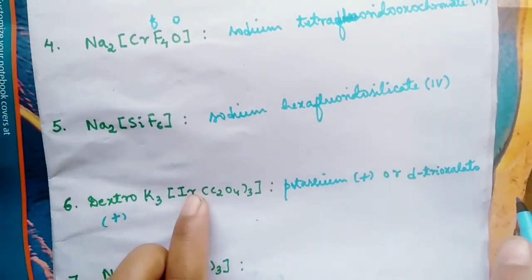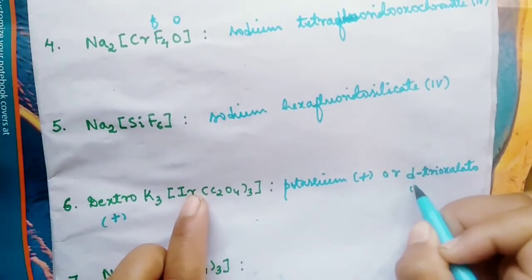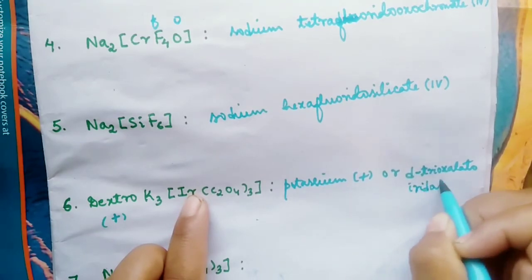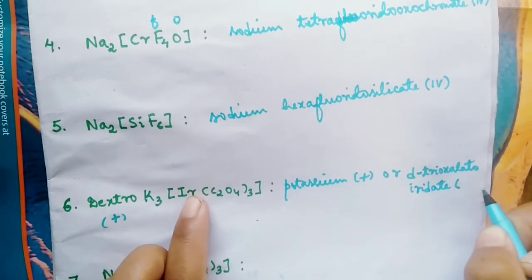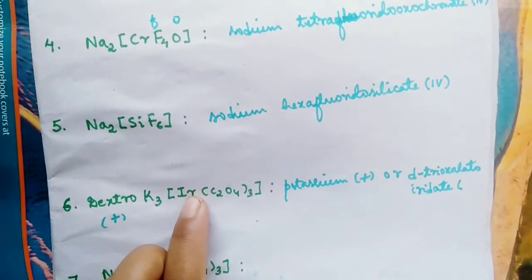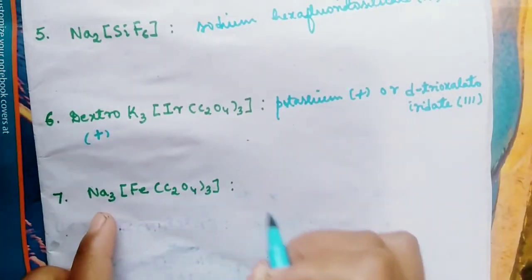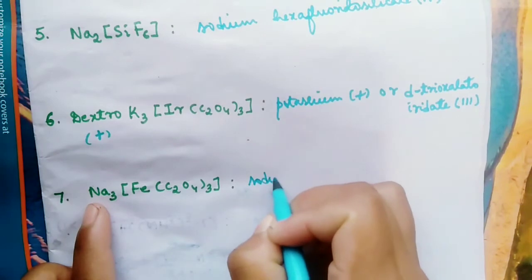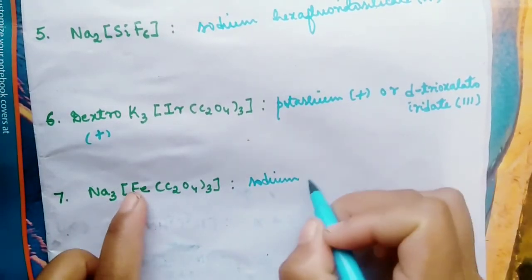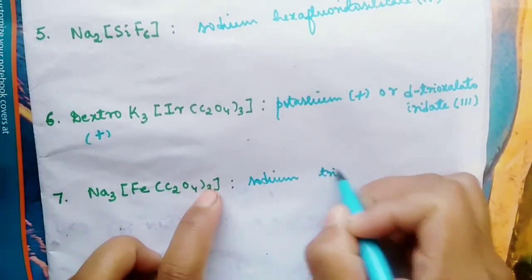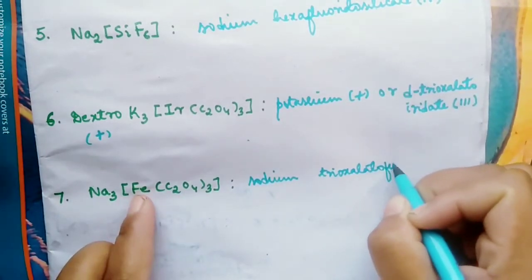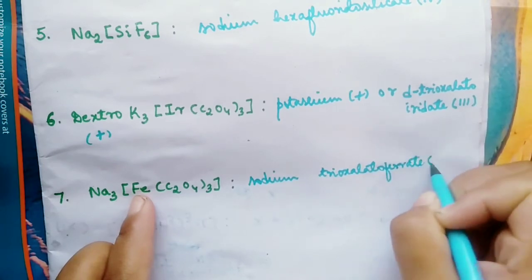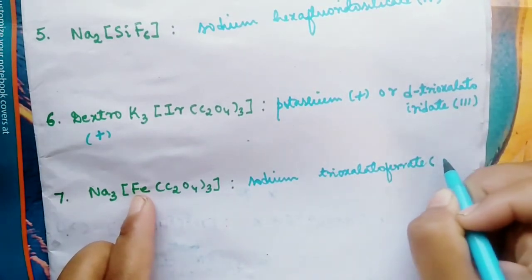Trioxalato iridium, so it is iridate. The oxidation state is 3. Okay, then we come to this one. Sodium, leave some space, and then trioxalato. It is ferrate. What is the oxidation state? It is 3.